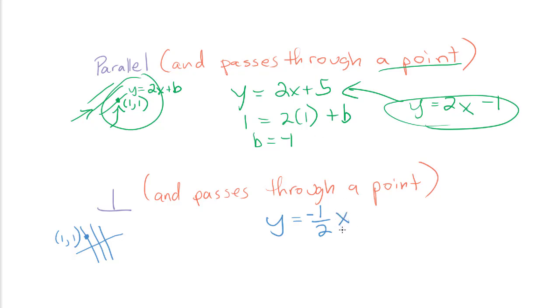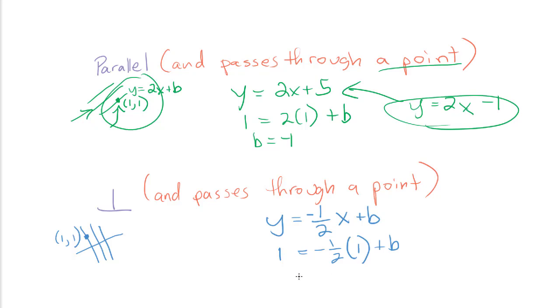Plus, again, we don't know what that intercept is, so we're just going to call it b for now. But we do have a point that lies on the line, 1, 1, and we're going to plug that back in for our x and our y. So 1 equals negative 1/2 times 1 plus b, and we can solve for b.